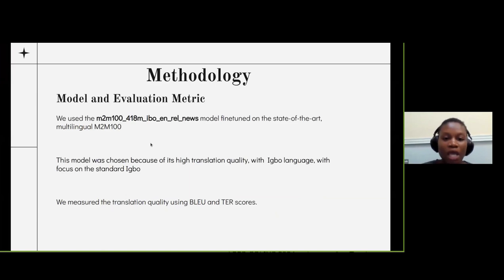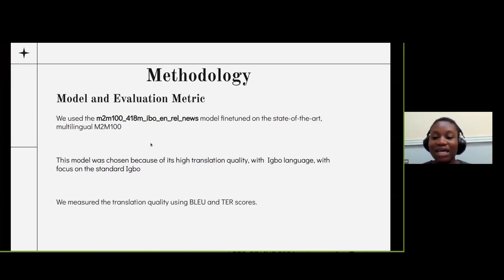So the model that we used was the M2M100 Igbo to English model. This model was fine-tuned on the state-of-the-art M2M100. So we use this model because at this moment, it was the best, it has high translation quality when it comes to Igbo language because it has already been fine-tuned using an Igbo data set.